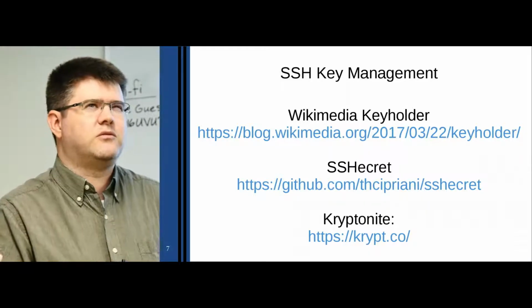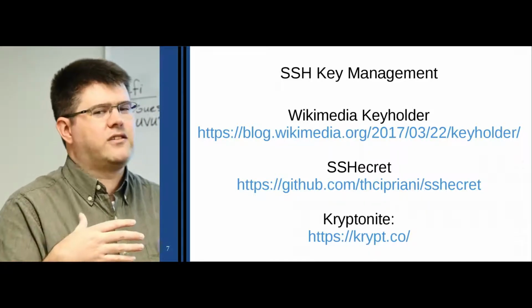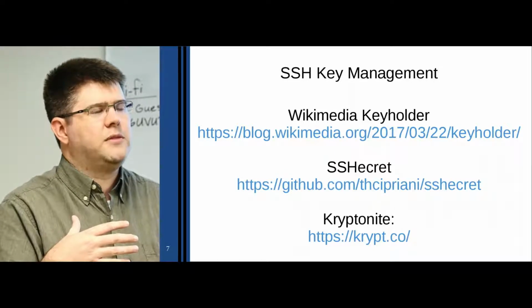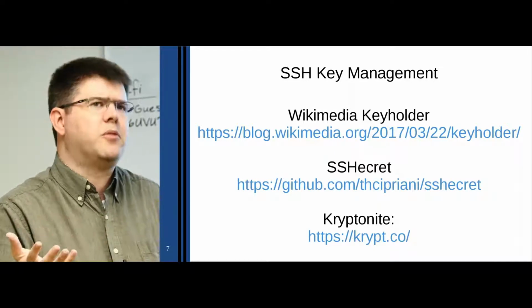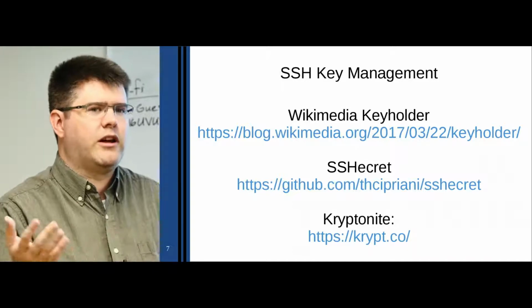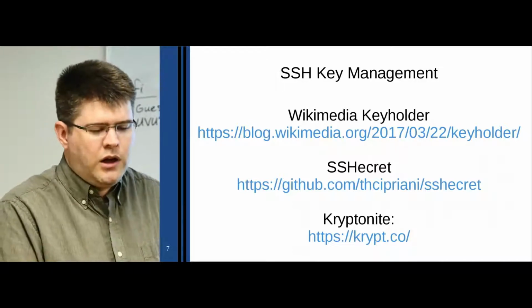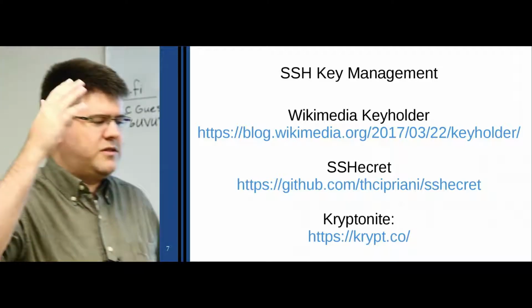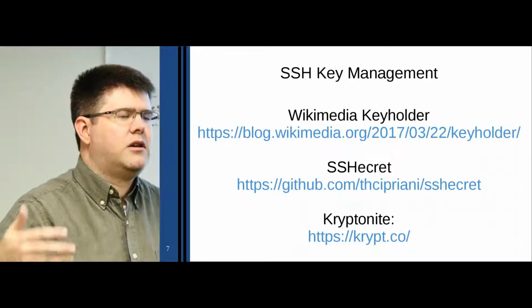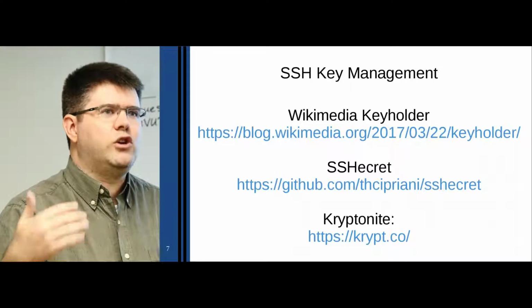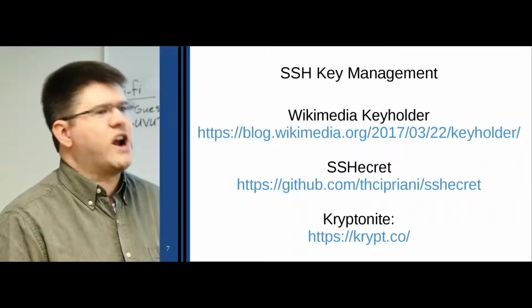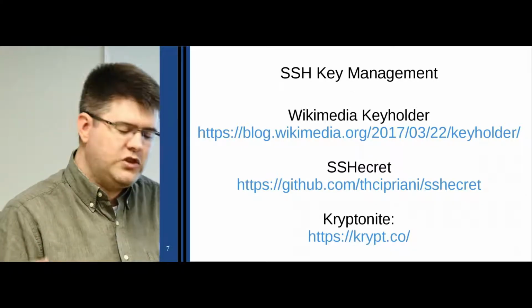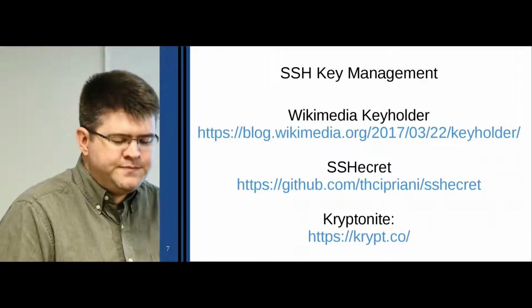So the user doesn't necessarily directly have access to the private key unless they were to somehow dump the memory of the agent, which hopefully they don't have permissions on the system to do. And so that lets them configure some static keys throughout their environment, and give the users the ability to use those keys without giving the users direct access to the keys. So it was an interesting idea.